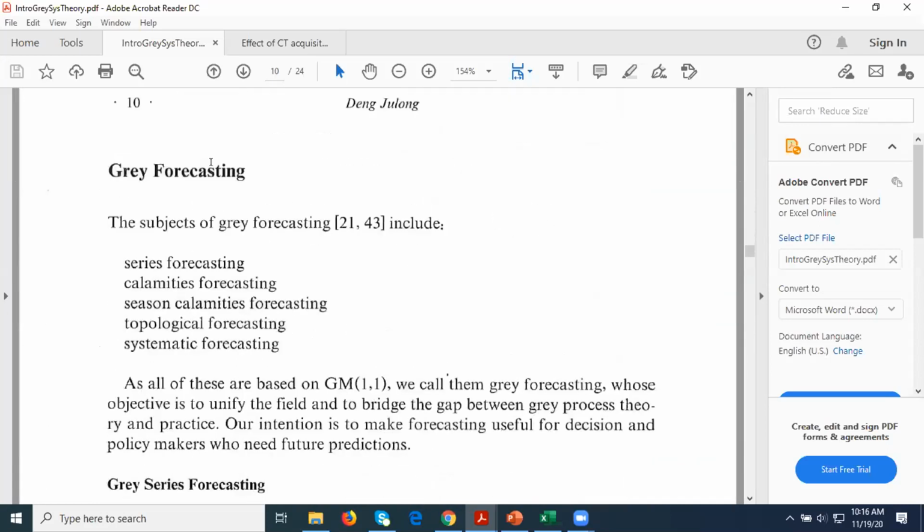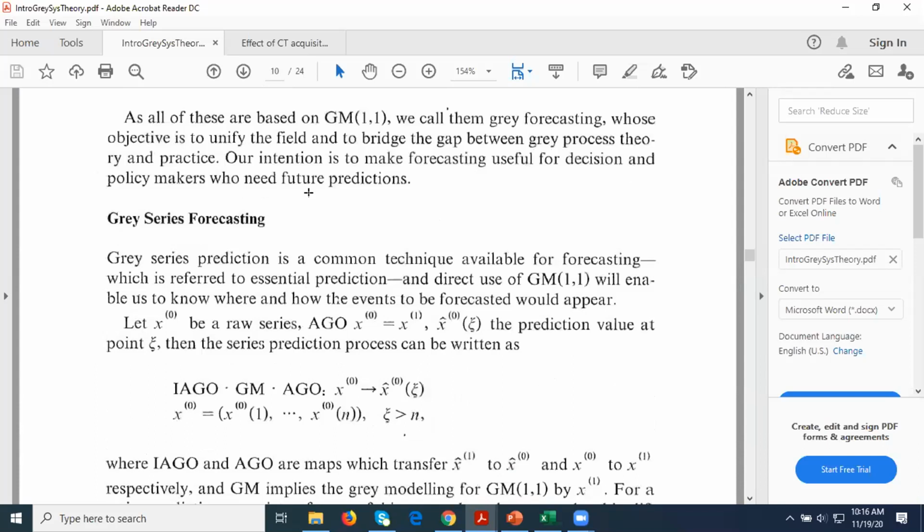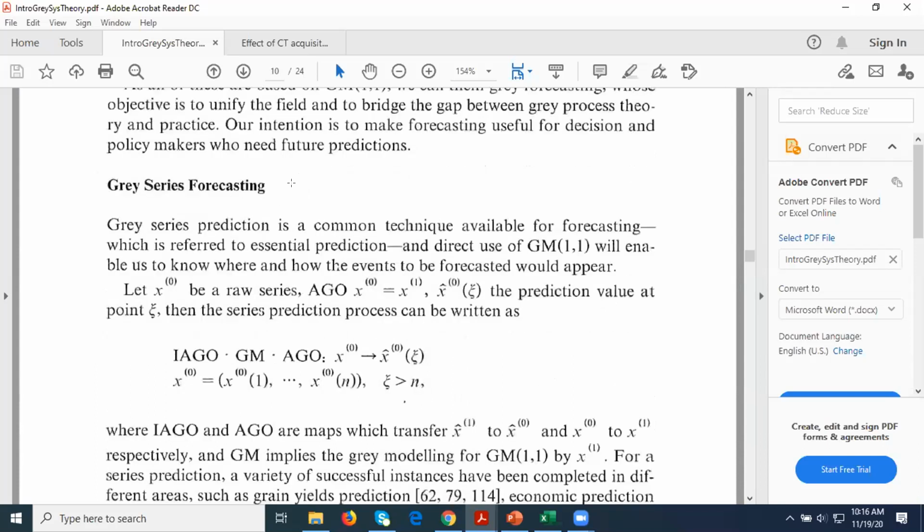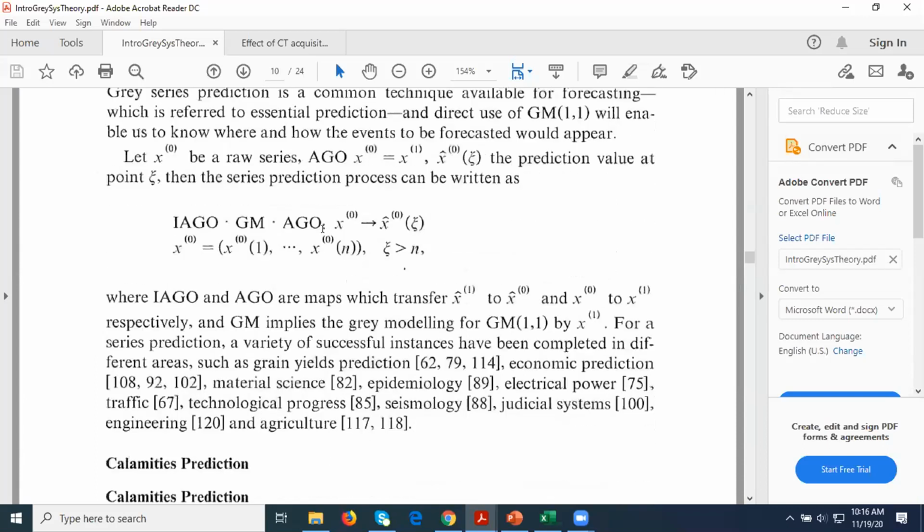Next, we can do forecasting here. How we can predict the experiments and the values. Because of this grey forecasting method, nowadays it is used in economics also. In climate change also, they are using this grey relation analysis. Grey series forecasting, where series means how it is changing in an interval, can also be predicted by this method.